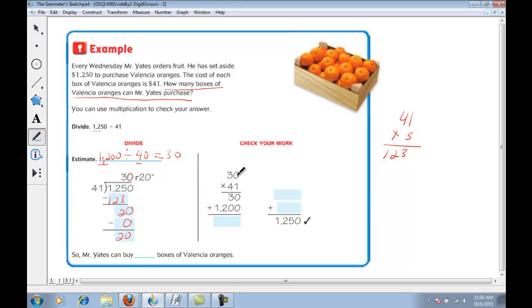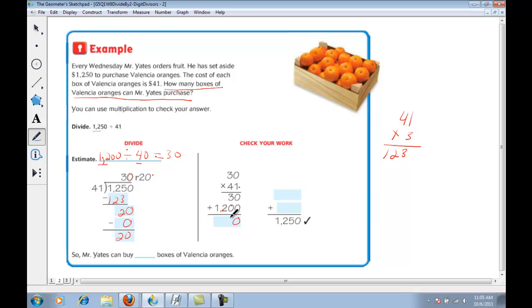Now let's check this answer to make sure it's correct. Remember that multiplication is the inverse of division. So if I multiply 30 times 41, I do 1 times 0 is 0, 1 times 3 is 3. And this is 4 tens. So 4 tens times 0 is 0 tens, and 40 times 30 is 1,200.